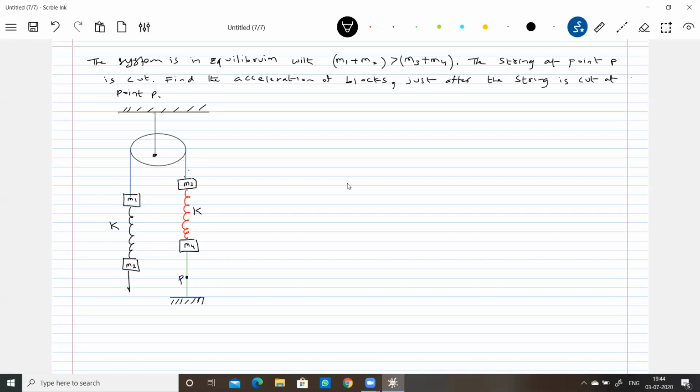This will be M2g. So here the elongation in the spring, let it be kx1. This is M1g. Here the tension T.